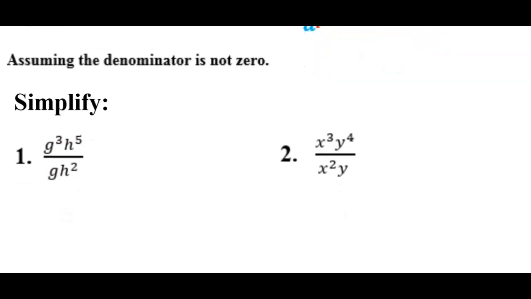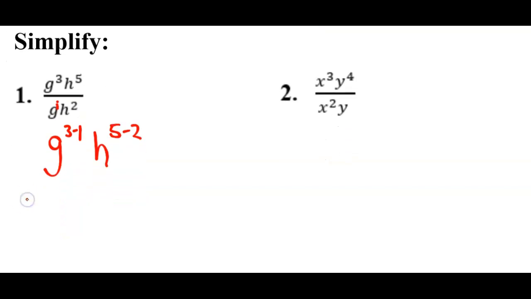So for these g's, I'm going to get g, and then I'm going to have 3 minus 1, because this is a 3, and then there's an imaginary 1 there. And I'm going to have h, and I'm going to do 5 minus 2. If this step helps you, write that down. If that step doesn't help you, you don't need to write that down.